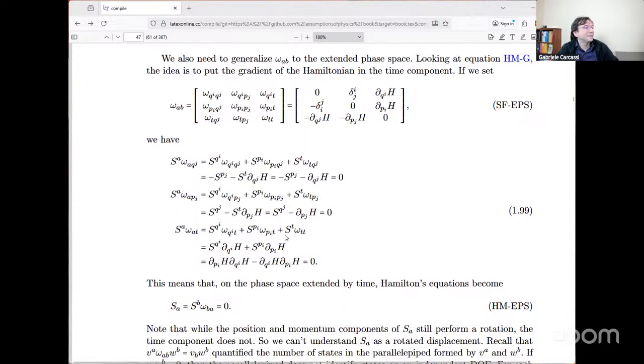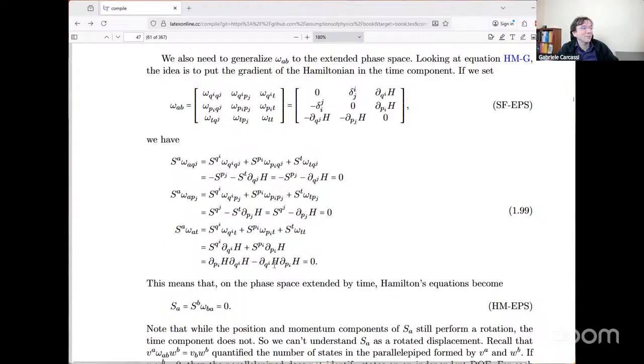And the last bit is basically just a constraint. What happened is that the TT now is 0, so you just have these Q_I T and P_I T. So this pulls out the derivatives of H. But then from previous equations, you know that S^Q_I is partial P_I H, and from the other equation, you know that S^P_J was minus partial Q_J H. And now this is just the product of the two terms.